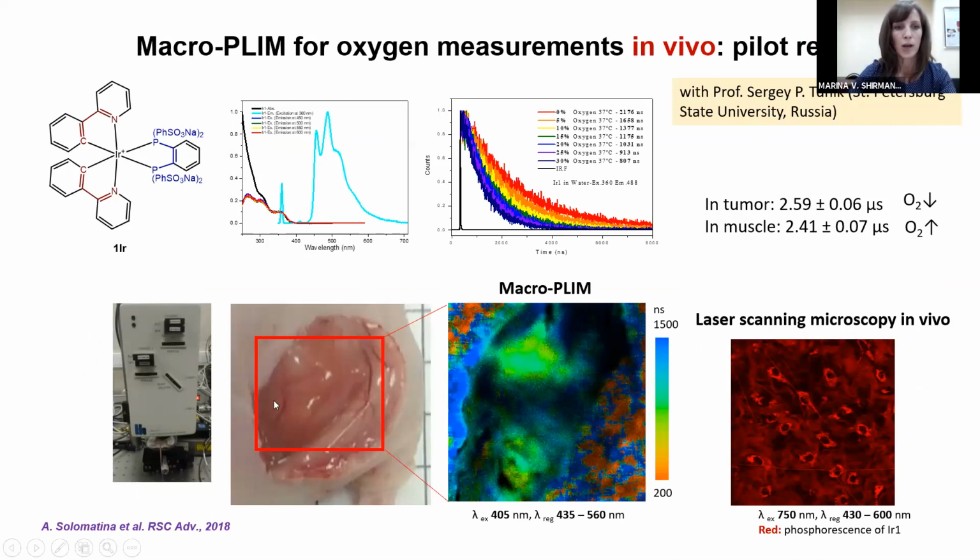We also injected this dye locally, and here you observe the whole tumor and muscle. A piece of muscle was right here. So you see differences between muscle and tumor. Again, in the tumor, phosphorescence lifetime was longer, which means the tumor has a lower level of oxygen.